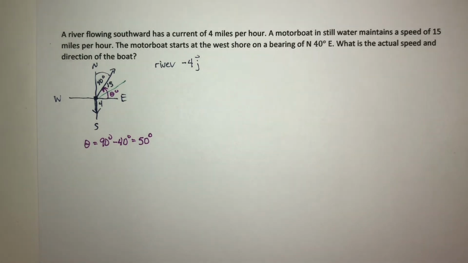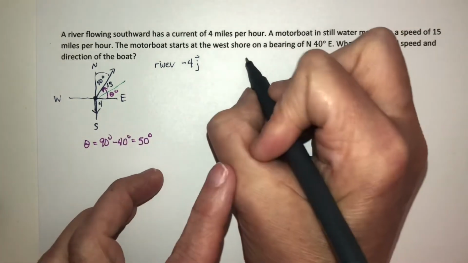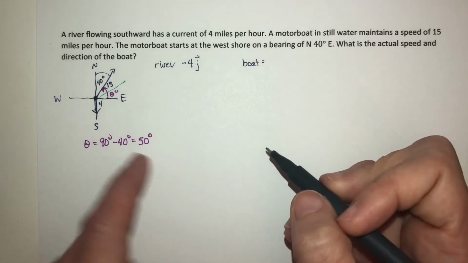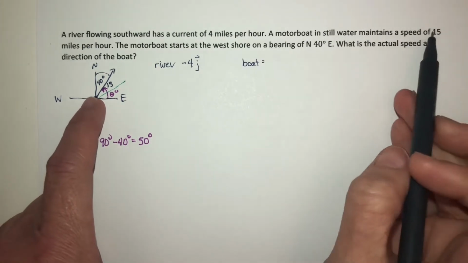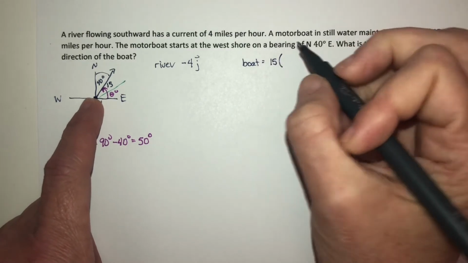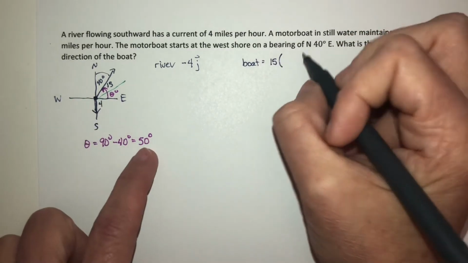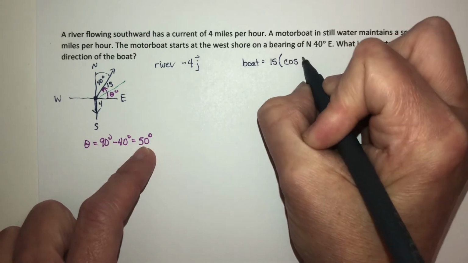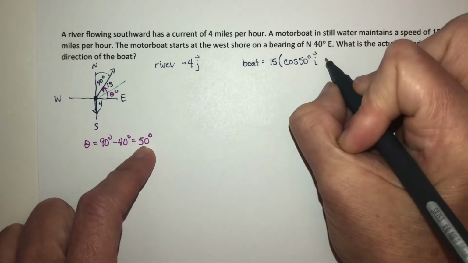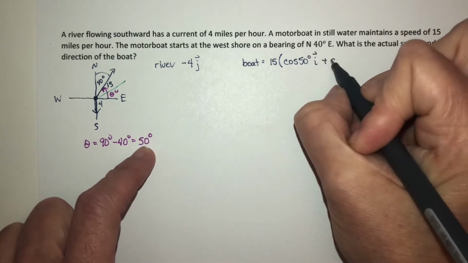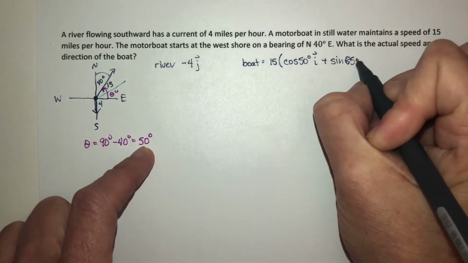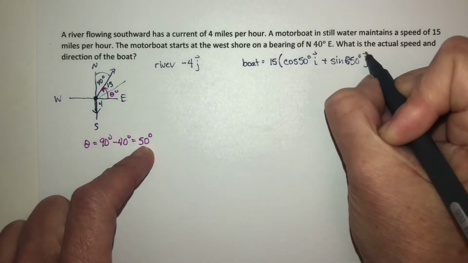So for the boat, our vector is going to be the magnitude, which is 15, times cosine of our angle, i, plus sine of our angle, which is 50 degrees, and that's going to be j.